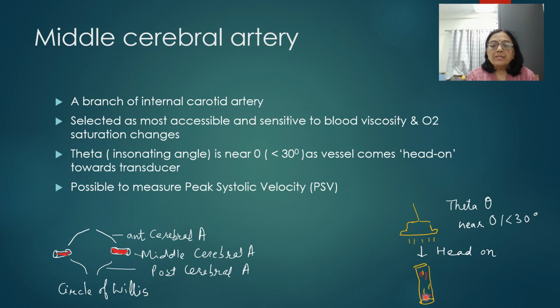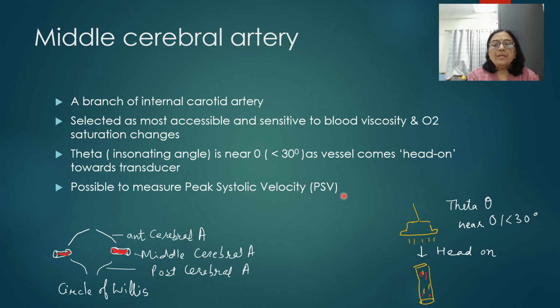The terminology used is that the vessel comes head on towards the transducer. So the blood flow should be either directly coming towards or directly going away. Then theta is almost zero, and that is the reason why in this vessel we always express it as peak systolic velocity.